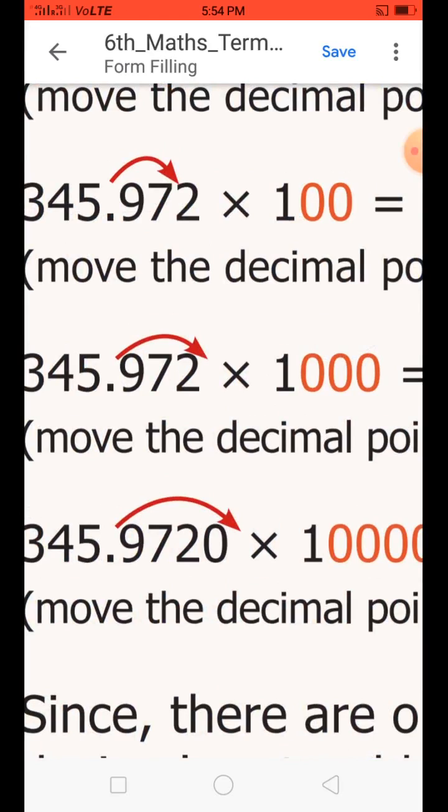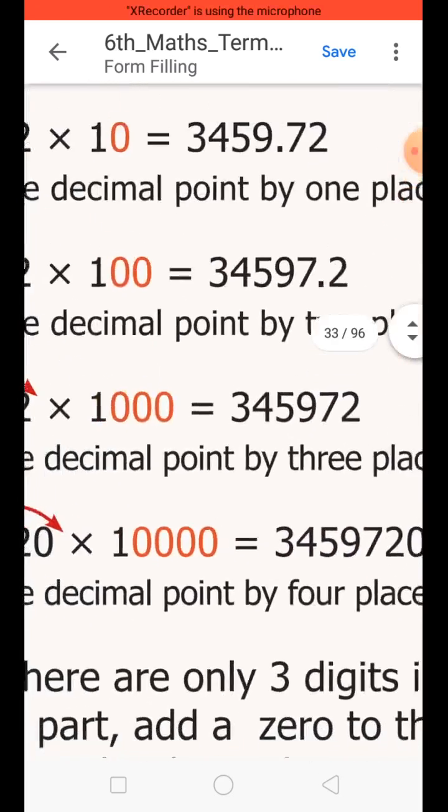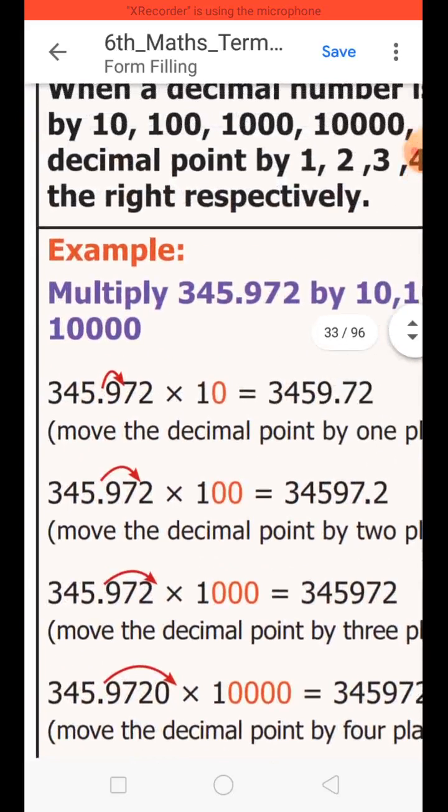The dot then falls at the end and need not be written. So the answer is 3459720.